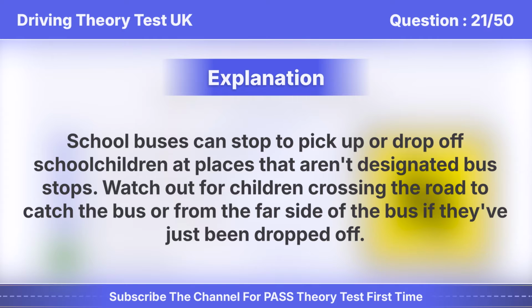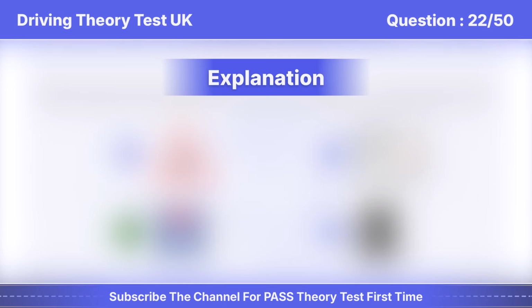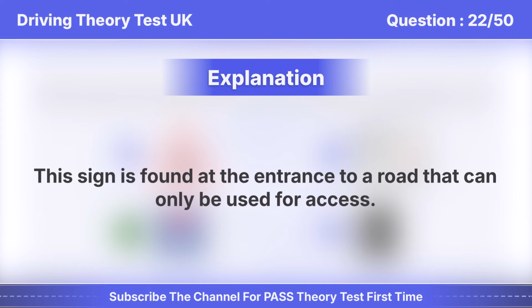Watch out for children crossing the road to catch the bus, or from the far side of the bus if they've just been dropped off. Question 22. Which sign informs you that you're coming to a no-through road? Answer is C. This sign is found at the entrance to a road that can only be used for access.